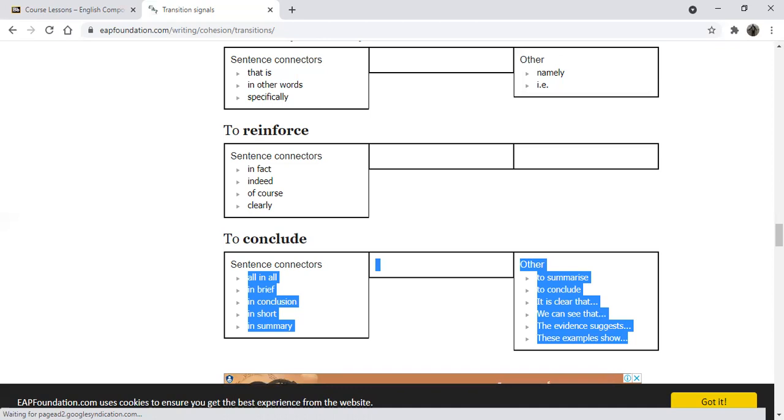The second type, transition signals that are used to compare. So this time you are going to make comparison between two ideas or two objects or two things.